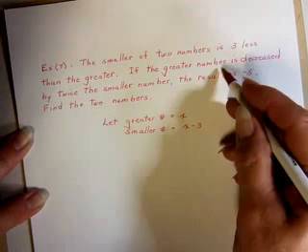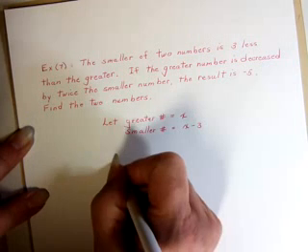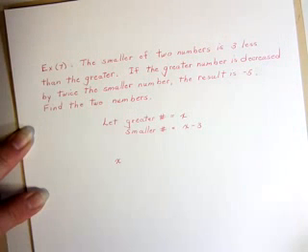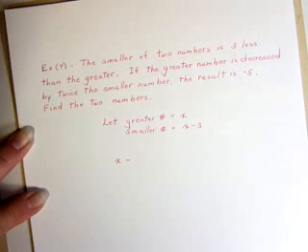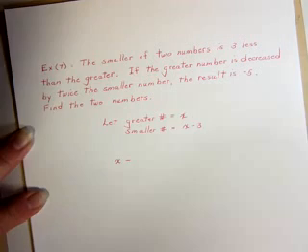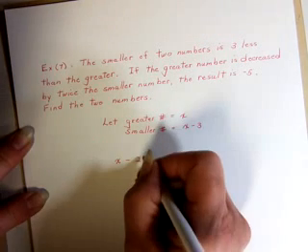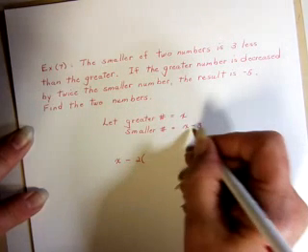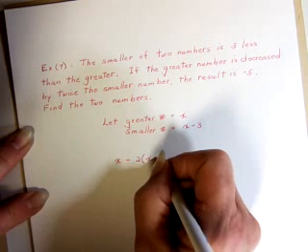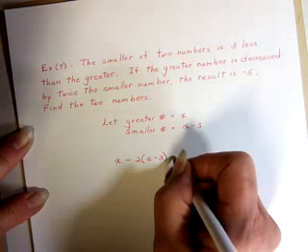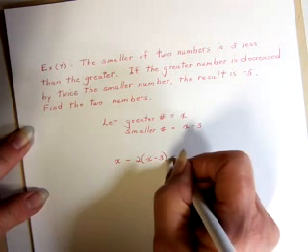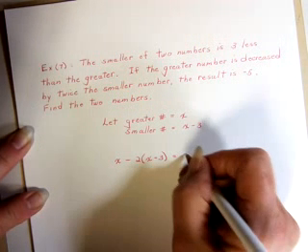If the greater number, that's x, is decreased by, that's minus, twice the smaller number, so that's 2 times the smaller number, which is x minus 3. The result is another way of saying equals, -5.